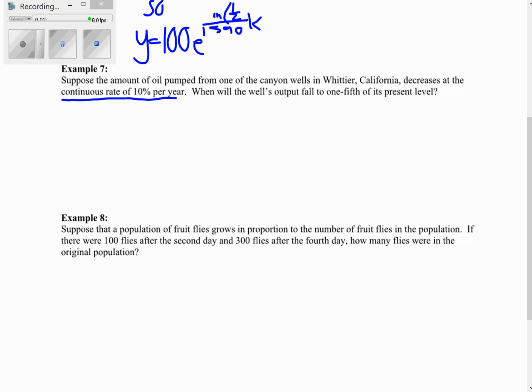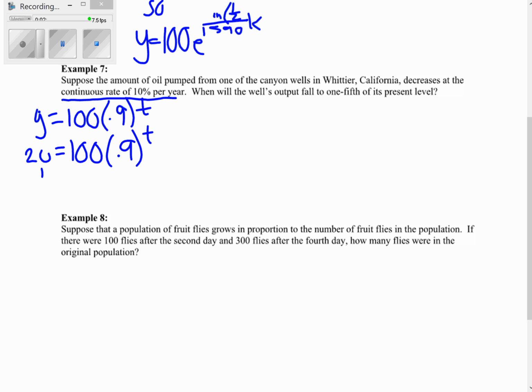So if we put our initial amount as 100, and it's decreasing at a rate of 10% per year, we're only taking 0.9 or 90% of what's left over from year to year. And now 1/5 of that would be 20. Over 100, that's 1/5.